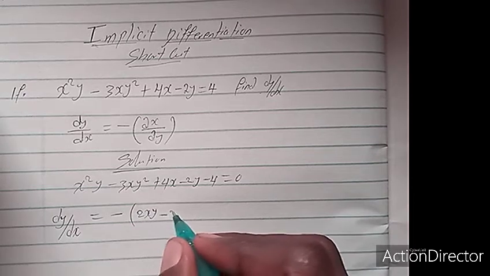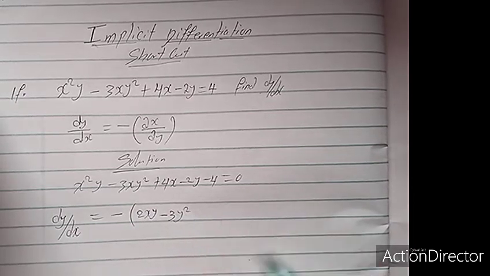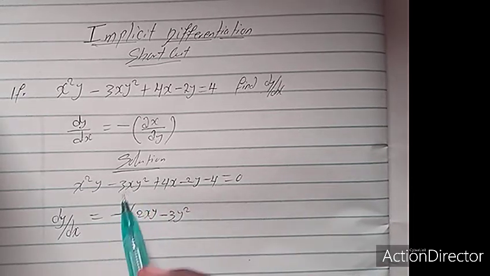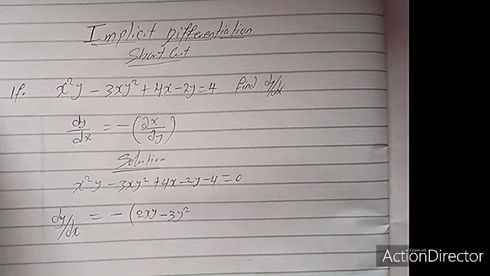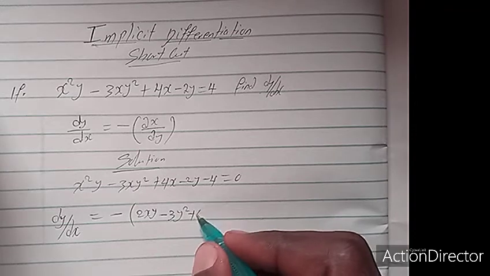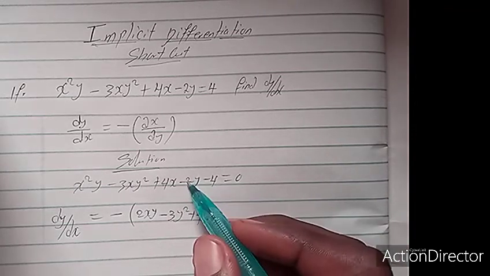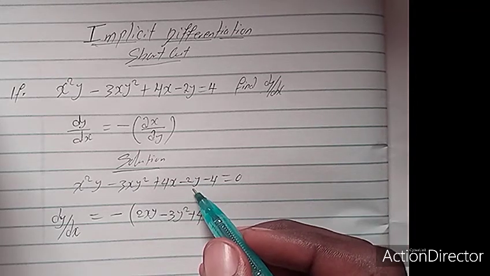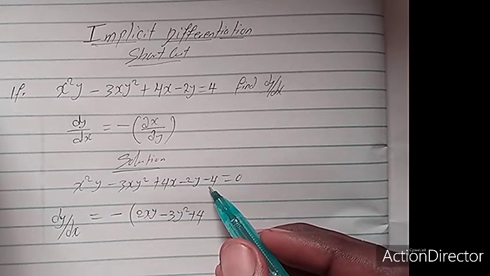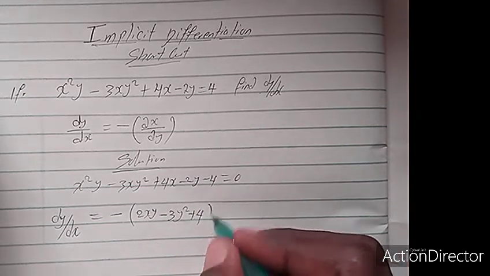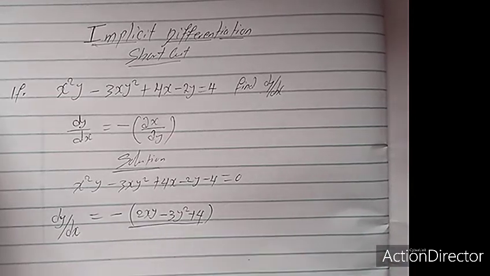I'll get minus 3y squared, because if you differentiate x, you will get 1, so 1 times this, because they are constant. Now if I differentiate 4x, I will get plus 4. Now if I differentiate minus 2y, I will get 0, because it is a constant. And if I differentiate minus 4, I will get 0, because it's a constant. So that's my numerator over.